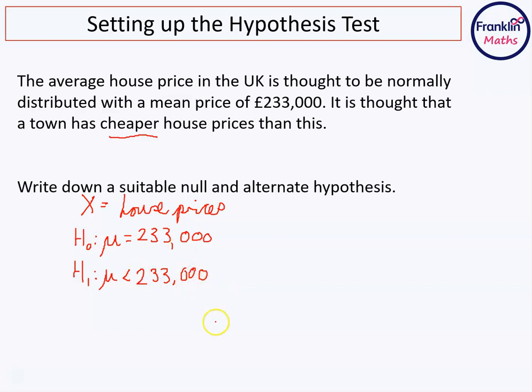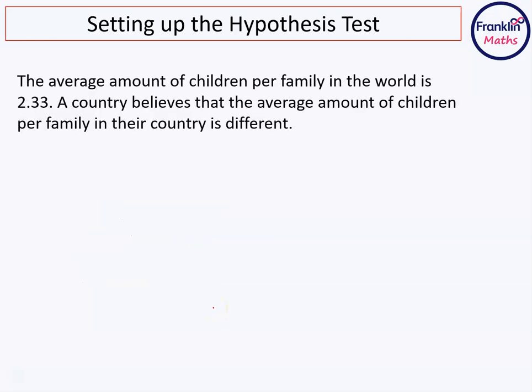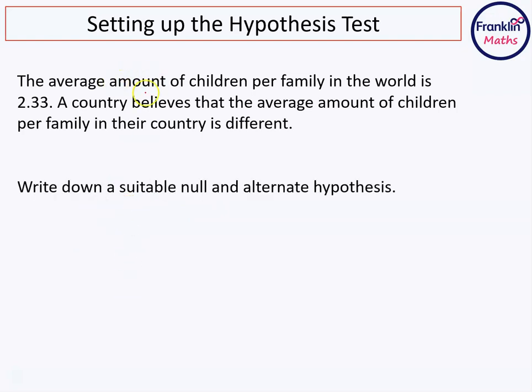Okay, and on to the last example. This time we're looking at the amount of children in a family, and notice the change in language this time, that the mean is different, not more, not less, just different. So in this case here, x is going to be equal to number of children.